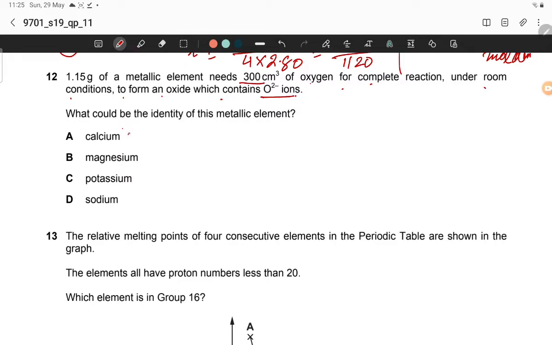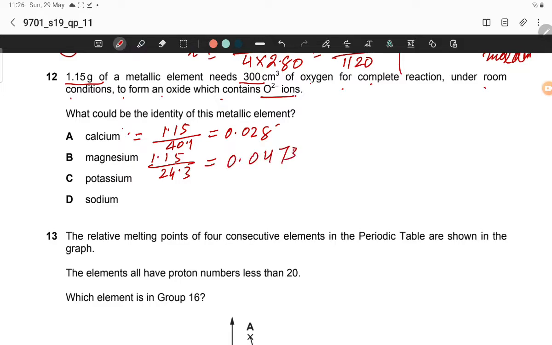So let's calculate the moles of the metallic elements. 1.15 divided by 40.1 is equal to 0.028 mole. 1.15 divided by 24.3 will be equal to 0.0473.